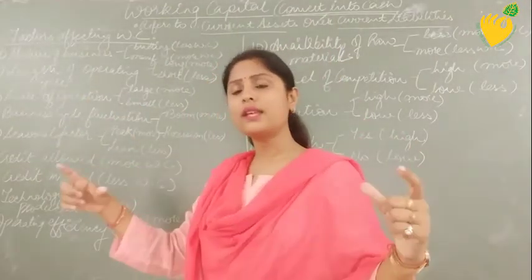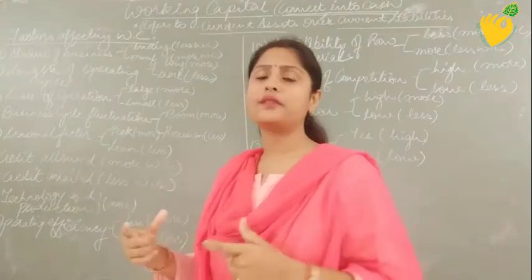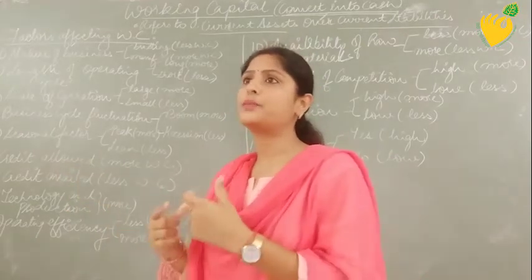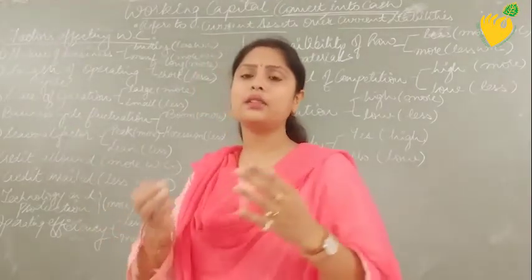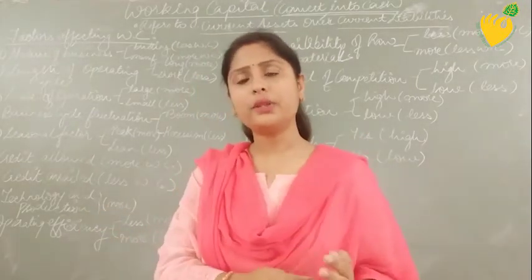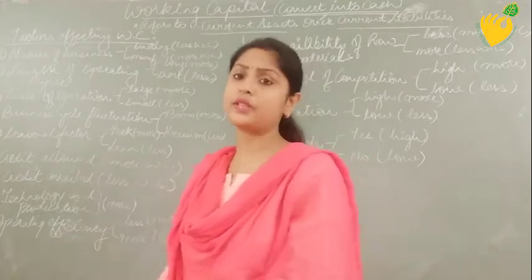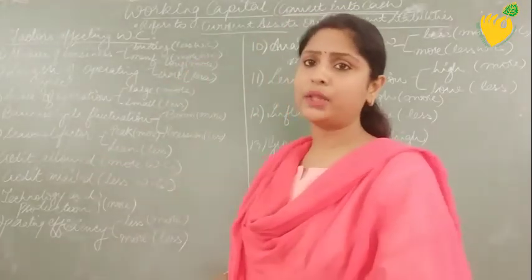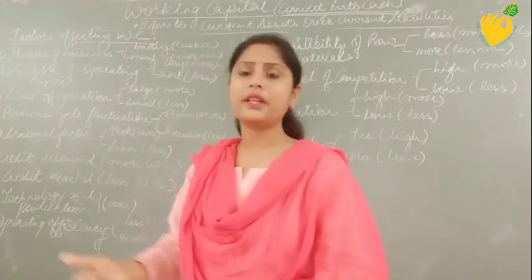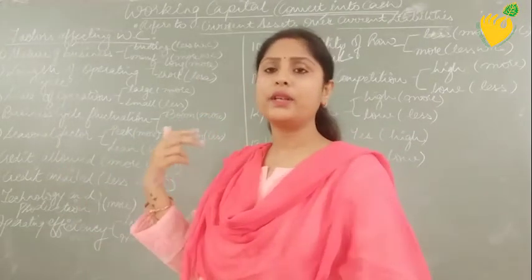Now, how long is the activity of the product taking place? That means how long is it taking for a raw material to get converted into finished goods. If the procedure is long, then more working capital will be required, because the recovery will be late.